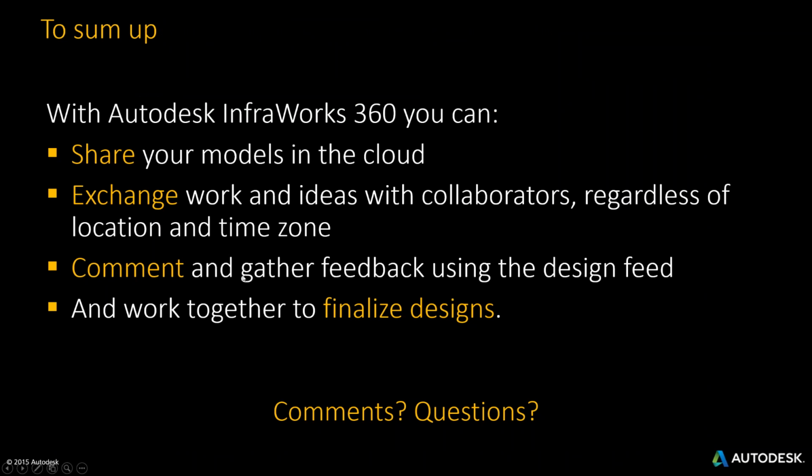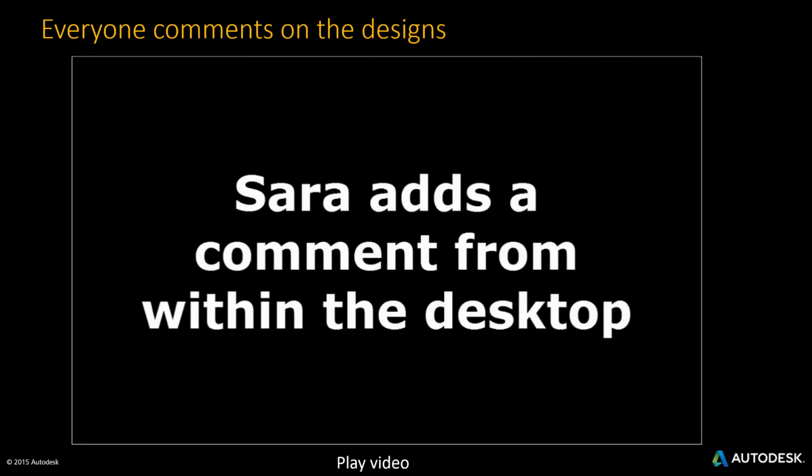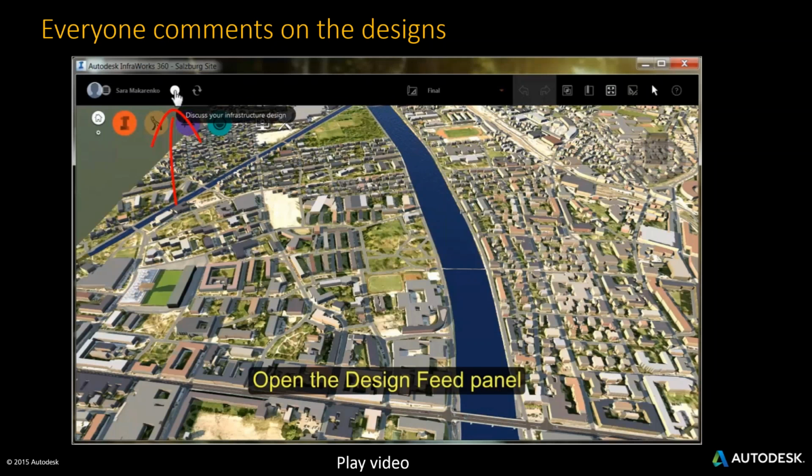I went one page too far. So let's talk about how we start the commenting. I'm going to add a comment from the desktop to tell people to start discussing. There's the comment button. It opens the design feed panel.